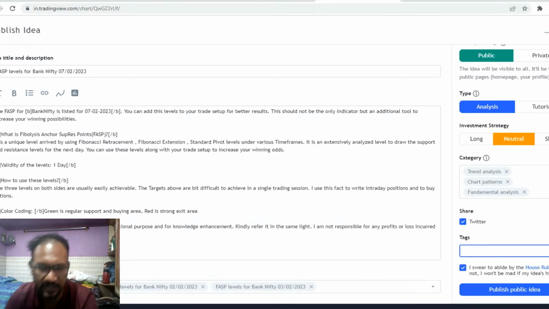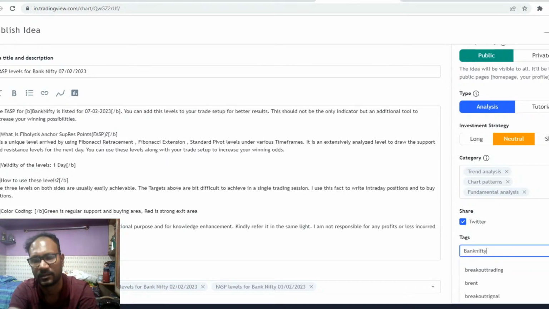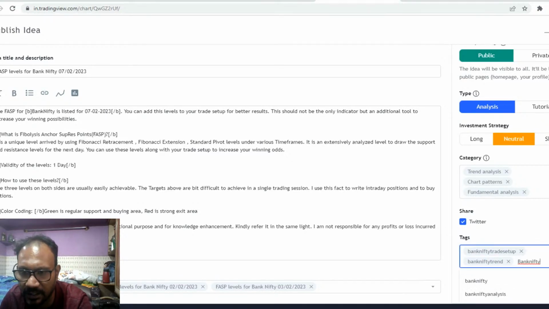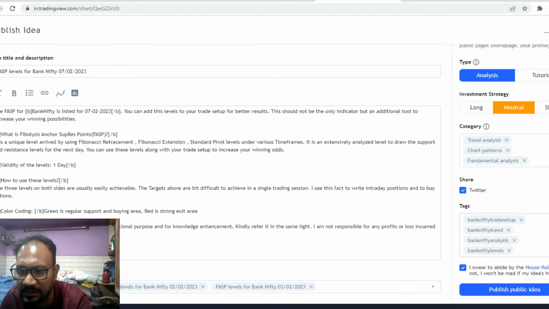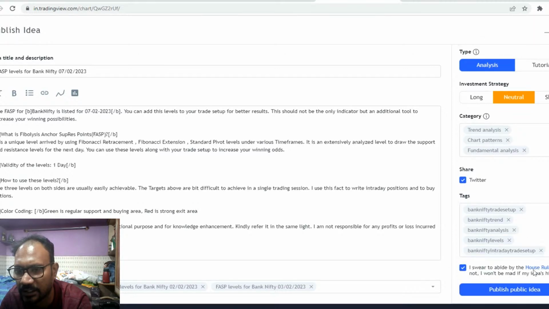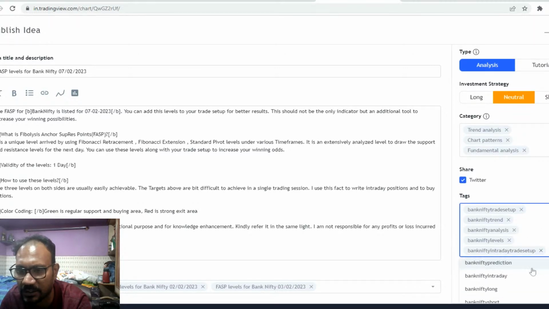So text, let's get it. Paste. This is a trade setup, trend analysis, levels, then intraday setup for sure.